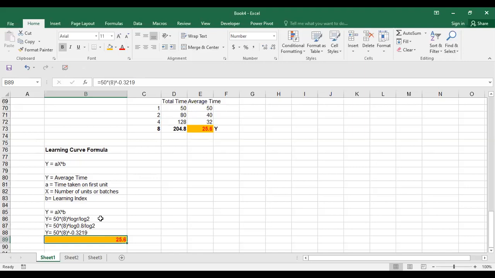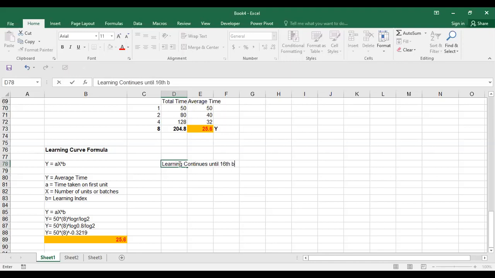So if you have this formula, and let's suppose we say that learning continues until the 16th batch or until the 16th group, you don't need to do anything else. Just take these numbers here. This is the formula.